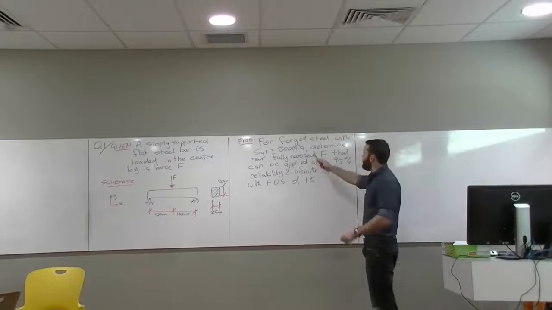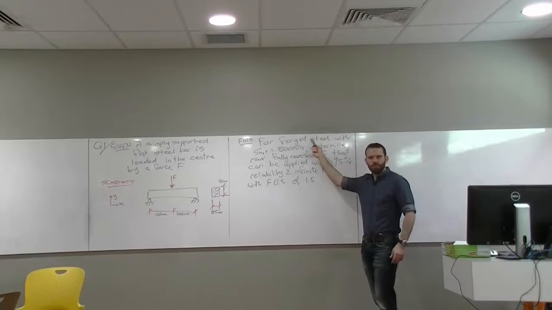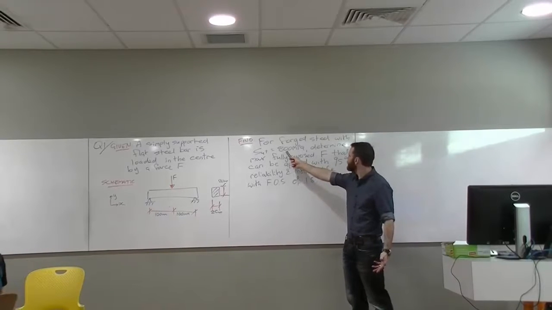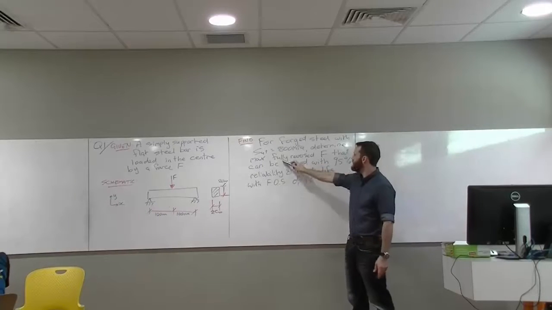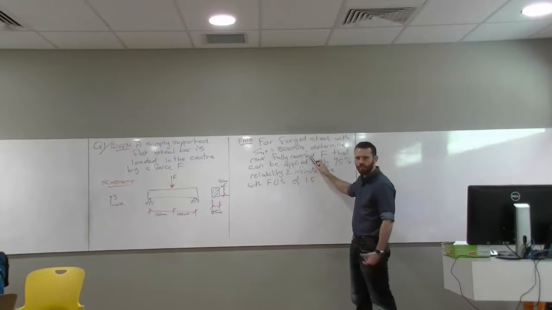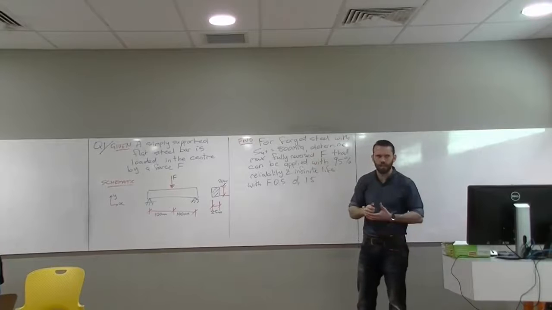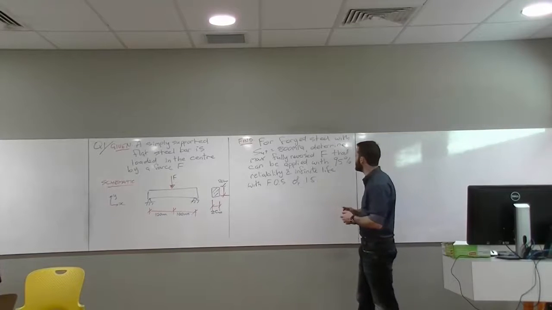Now, we have forged steel. That's important. That tells you surface finish. SUT 800 megapascals obviously gets used in lots of different places. Fully reversed tells us that what we're doing is appropriate, because once you know how to analyse a few different things, that's important information. So that's telling us that F goes down, F goes up, F goes down, F goes up in even numbers.